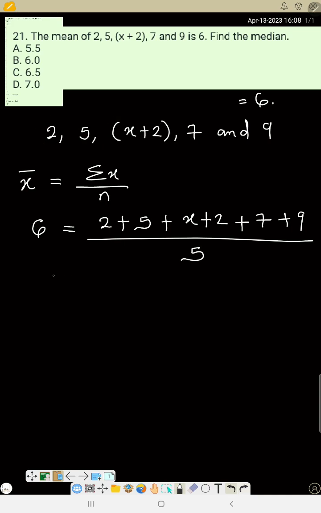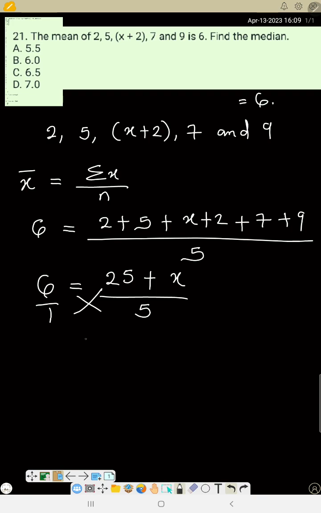So that is the mean. So 6 is equal to 2 plus 5 is 7, 7 plus 2 is 9, 9 plus 9 is 18, 18 plus 7 is 25. So add all the numbers plus x, divided by 5.